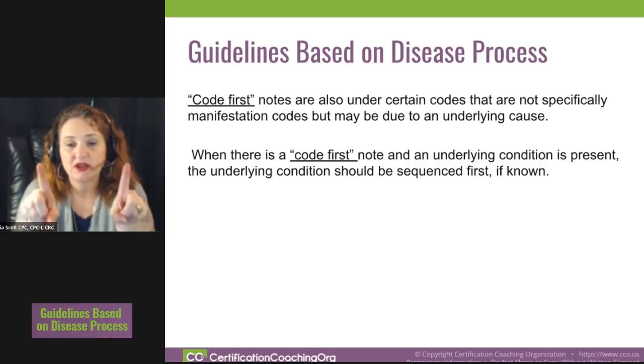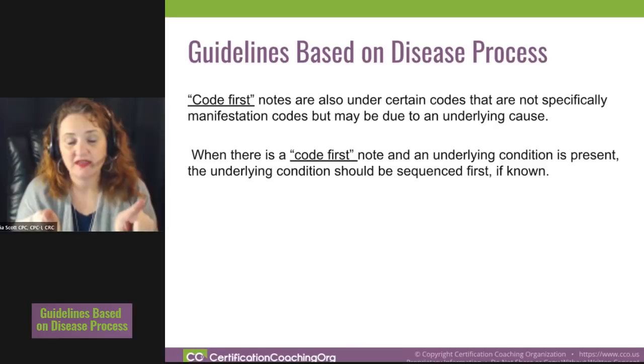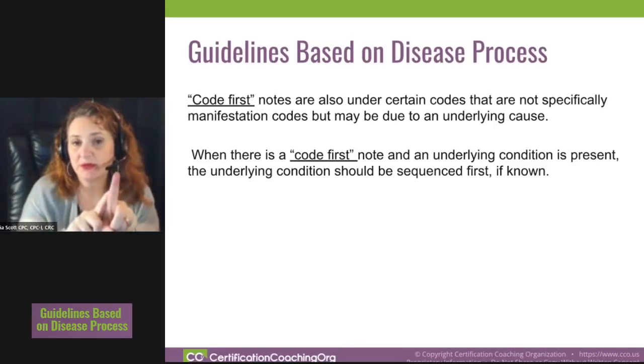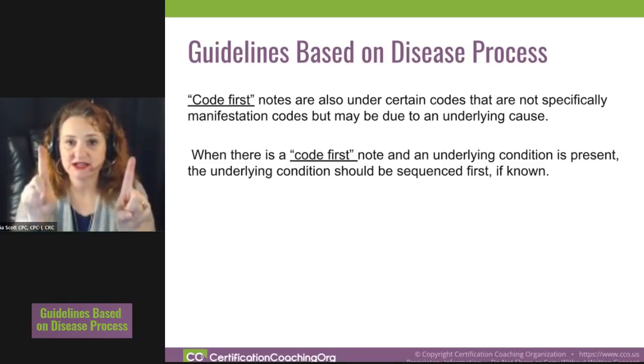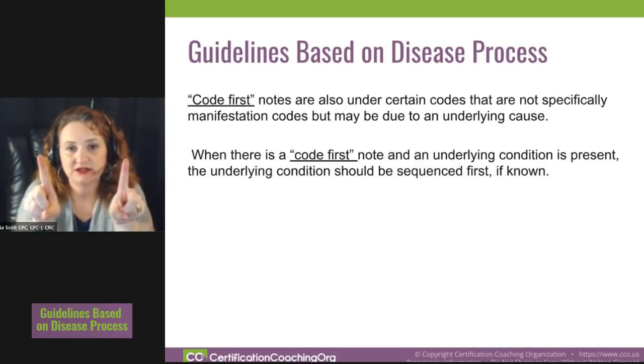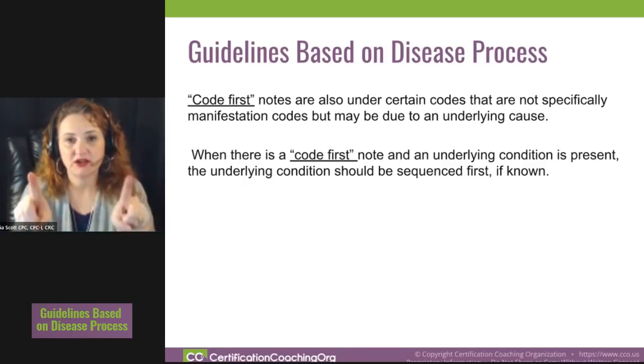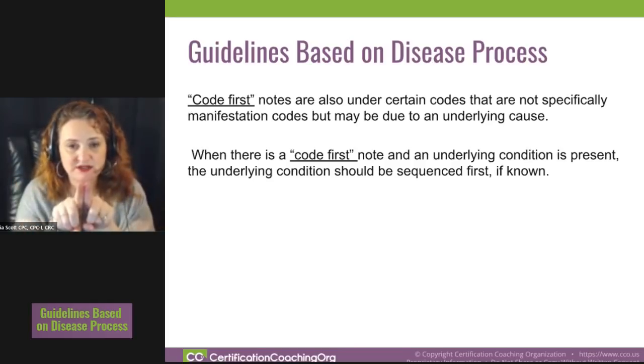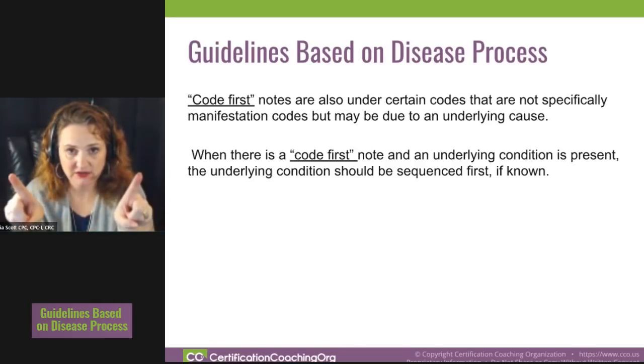So if the patient is being seen for that encounter for their diabetes as well as the CKD, which one are you going to sequence first? Well, it doesn't really matter, because they both are standalone diagnoses because the doctor split them up and said no, they're not causal effect. They are completely different.